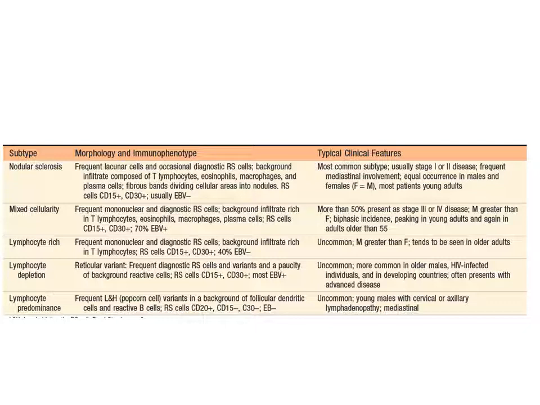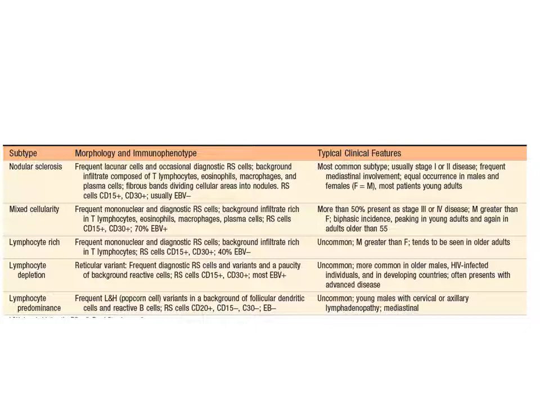Then lymphocyte predominance: frequent L and H or popcorn cells. Again, these are variants of Reed-Sternberg cells. These are present in a background of follicular dendritic cells and reactive B cells. Here, the RS cells are positive for CD20 and may be negative for CD15 and CD30.